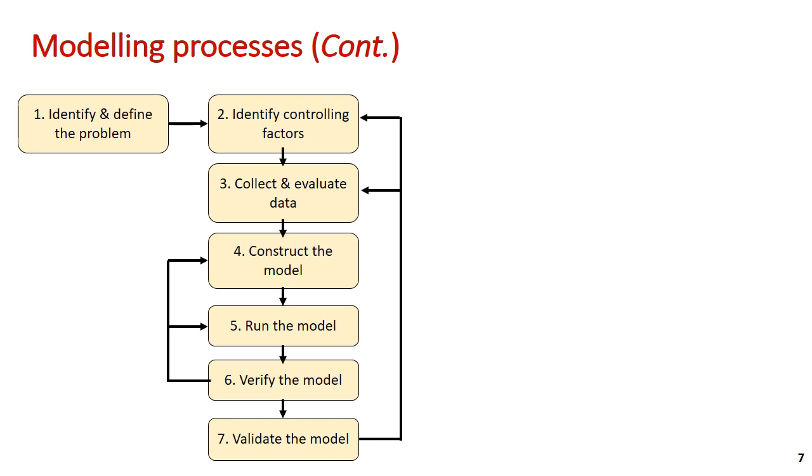If not, you may go back to step 4 and tune the model and then run it again until you get reasonable results. And then you move to the last step, which is the validation process. In the validation process, you are trying to make your model very precise, as close as possible to reality.